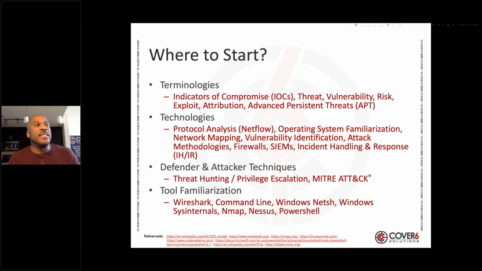We talked about identifying vulnerabilities and attack methodologies, but then there are also firewalls and firewall rules and how to get by firewalls. Then your SIEMs, your security information and event management tools. Security Onion would be your first taste of a SIEM tool.